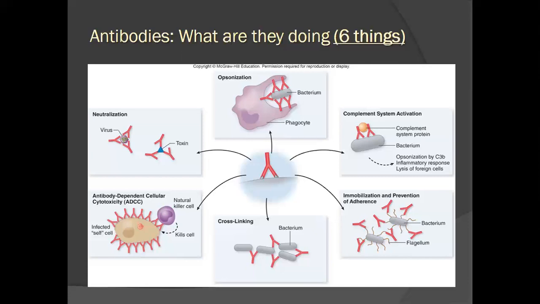Neutralization is where you have antibodies that surround, again, with multiple touch points. Antibodies can surround a virus. It's a little different than immobilization, because although viruses can kind of float around, viruses don't have flagella, they don't have fimbriae, although they do have something kind of close to fimbriae that we'll talk about next unit.